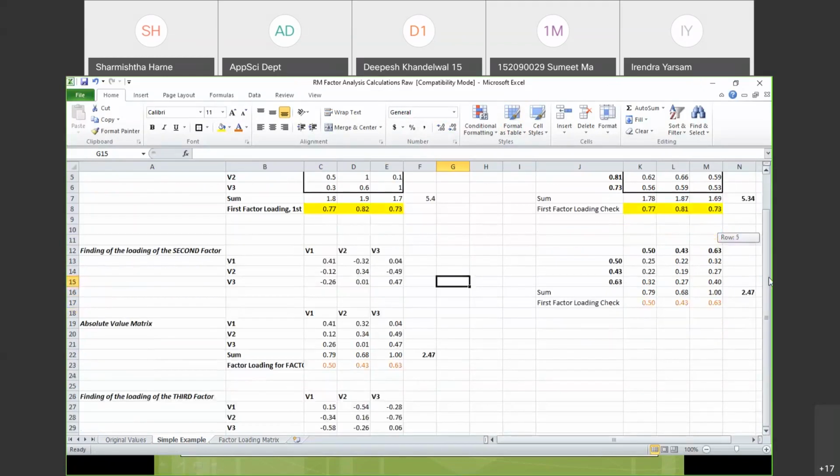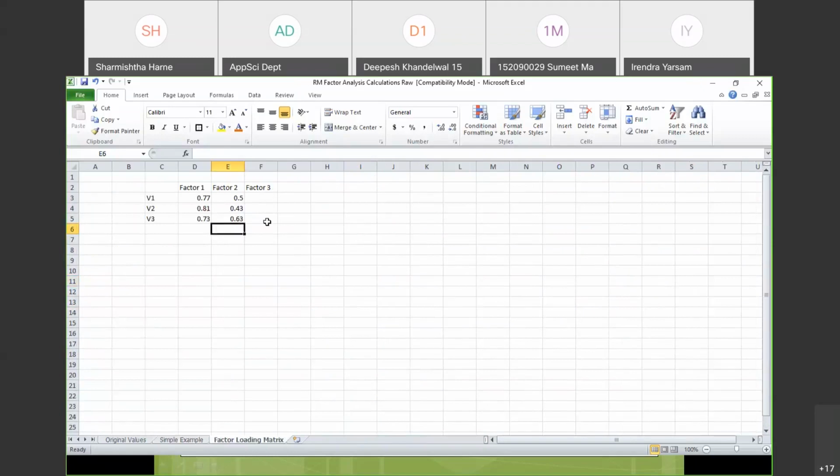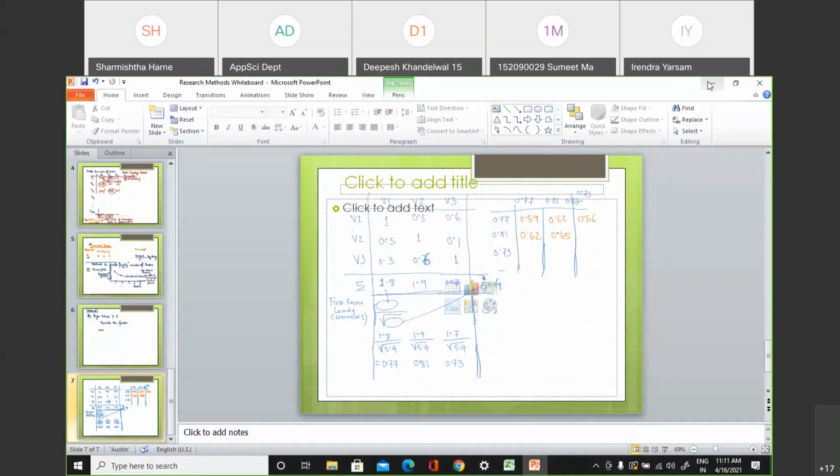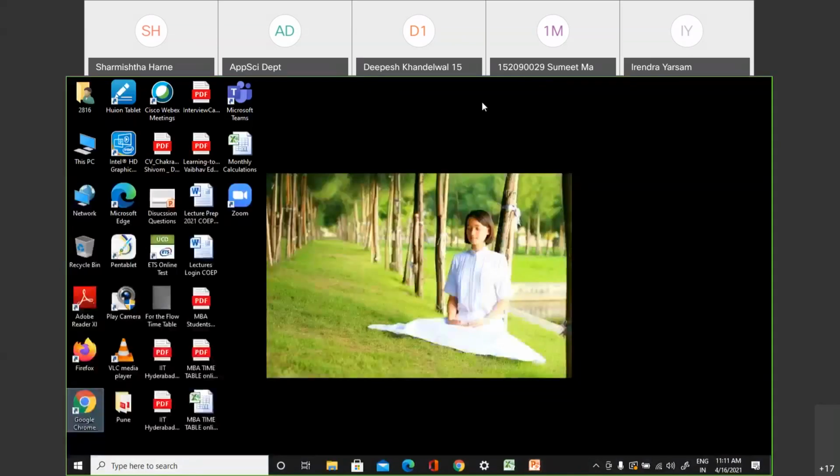For the third factor, you will also get something like this, and you can put that value here. And in the next session, we will continue. Sorry for the network issues today. I hope something was clear. Most of what we discussed is clear, and that magic element is converting into logic now.